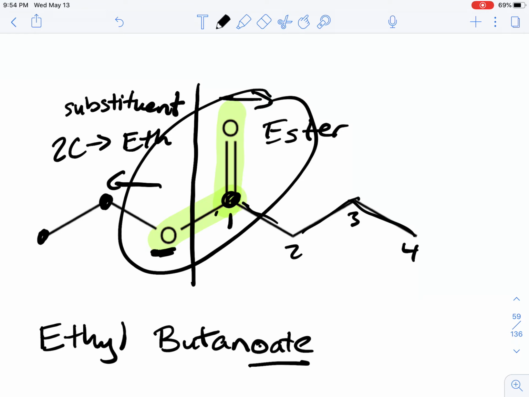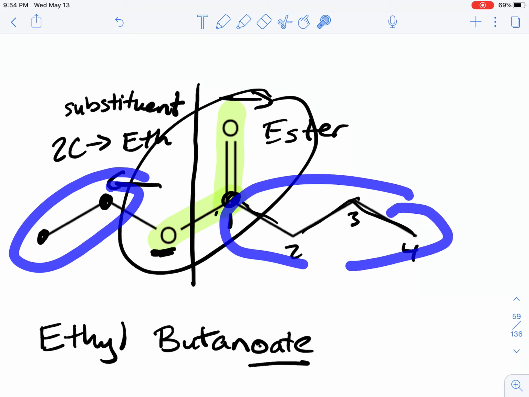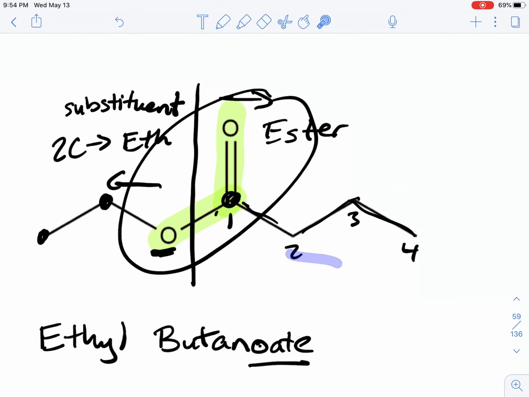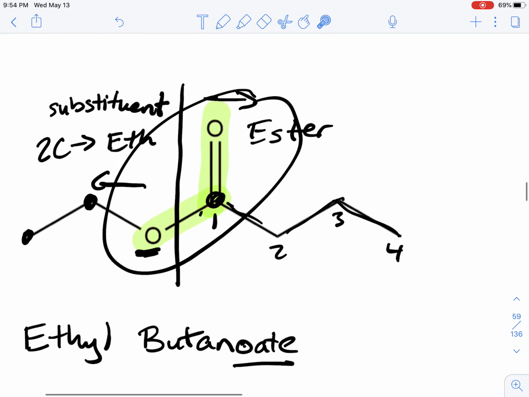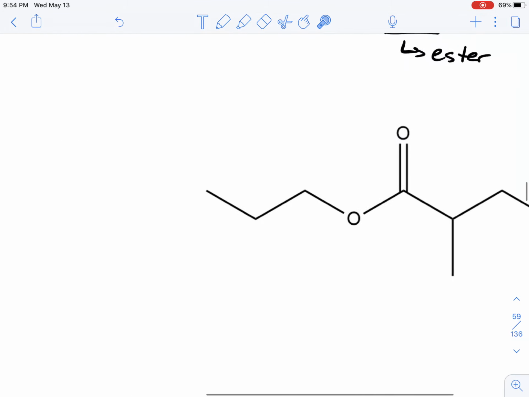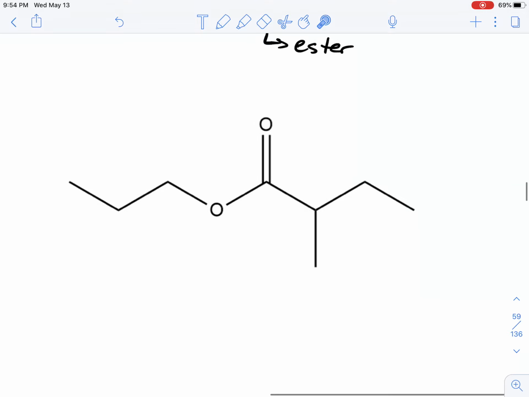And so as long as you can recognize the ester oxygen with respect to the carbonyl group, then you should be able to discern which part is going to represent the substituent of the ester or the parent chain of the ester. All right.